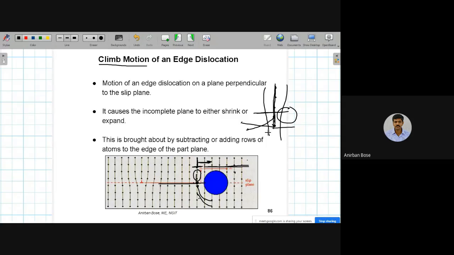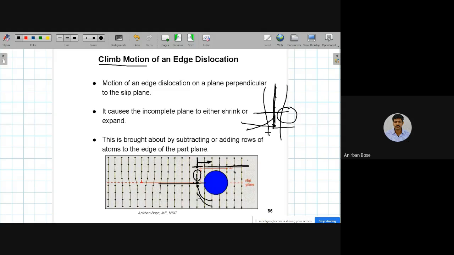When the vacancies are created, like in the case of climb down motion, the volume actually increases. On the other hand, when the vacancies are annihilated, like when the part plane is shrinking, or the climb up motion, the volume is decreasing. So in that way it is not conservative. That is the difference that you have to remember.